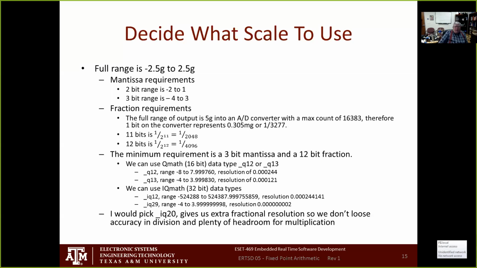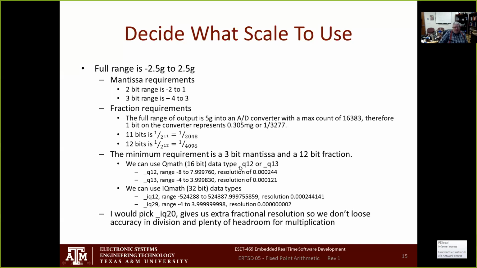Okay? So the Q math, by the way, assuming 16 bits, their notation drops the mantissa piece and only keeps the fractional piece. So that's what this notation means. So if I were to use 16-bit values, I could pick a Q12 or Q13. Okay, that would give me at least the minimum amount of resolution.